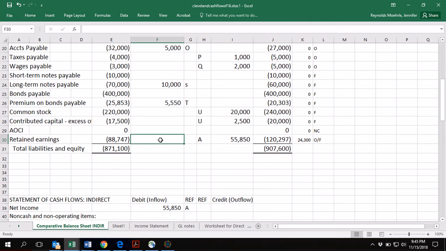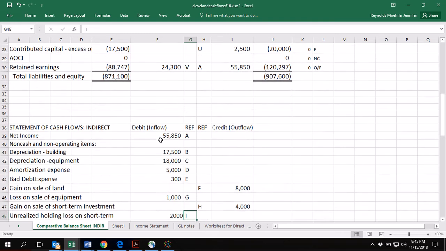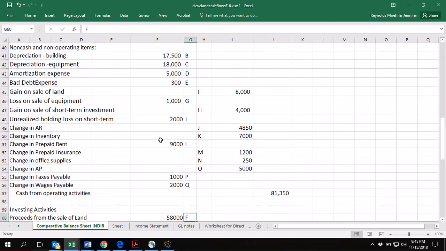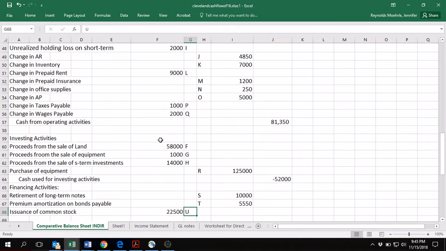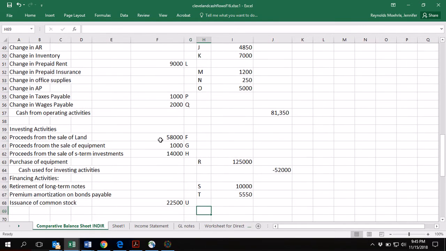Well, dividends would certainly have decreased retained earnings. In this case, we're assuming those are just cash dividends. So they're going to go on this statement of cash flows. If we had dividends that were property dividends, they would not be a cash outflow. They would have just adjusted the property account, which would have been the other side. We would have debited retained earnings and credited some property account.